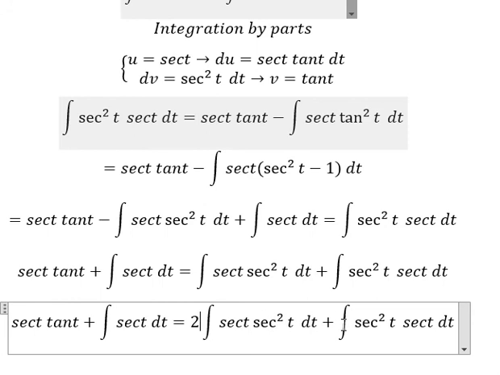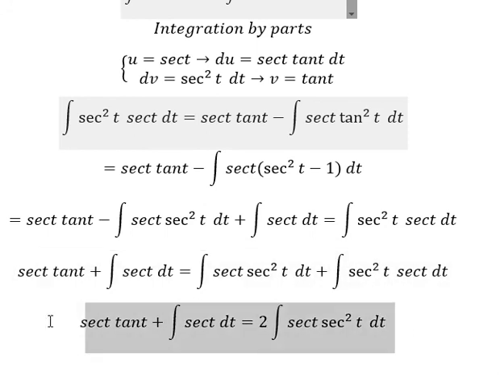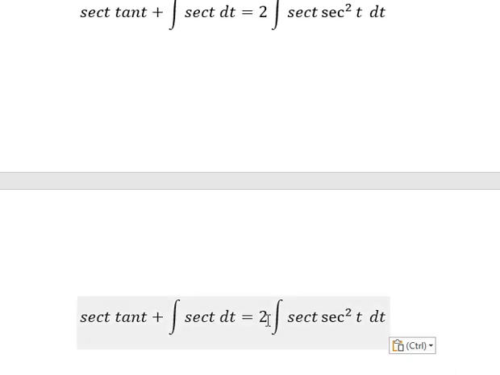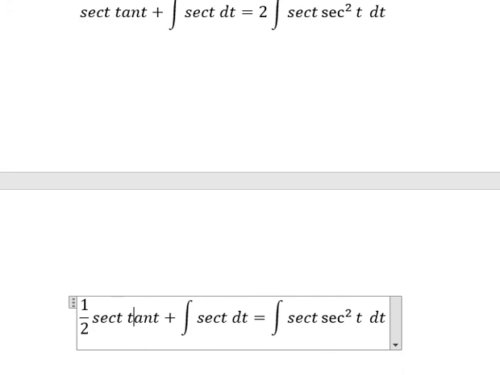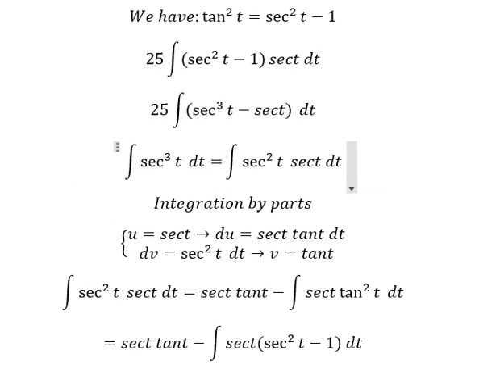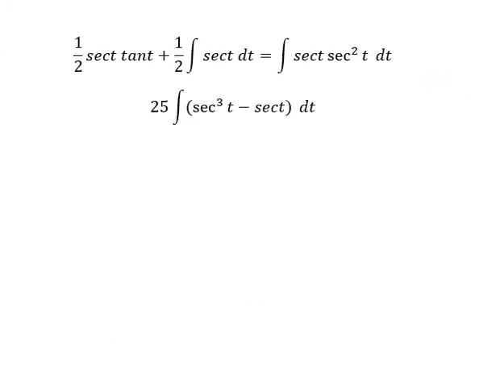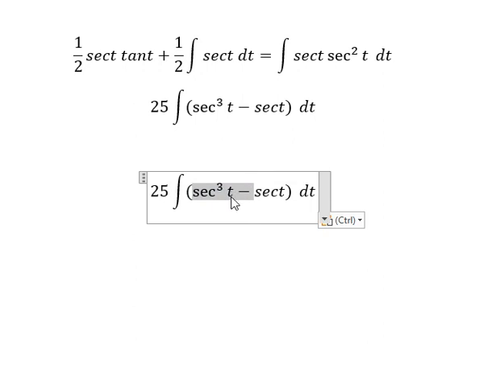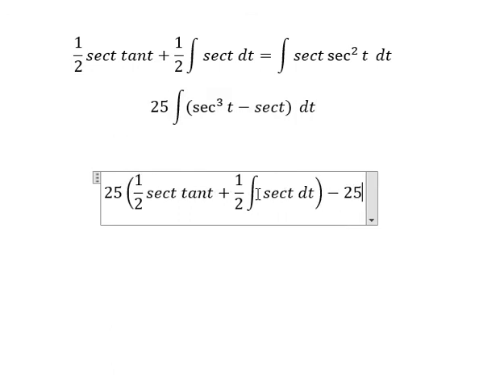So we have number 2. When we sum two integrals together, later we divide both sides by number 2. Next, we go back in here. The integration of this one, that is this one. The integration, this one I will put negative number 25.